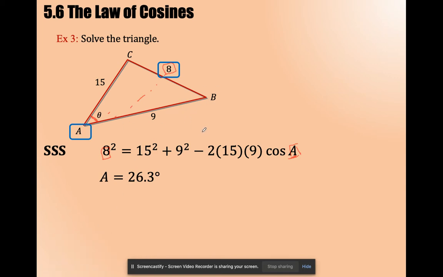So now be careful with your algebra here. Please be careful, right? What are you doing to get cosine of A by itself? You have 8 squared minus what?